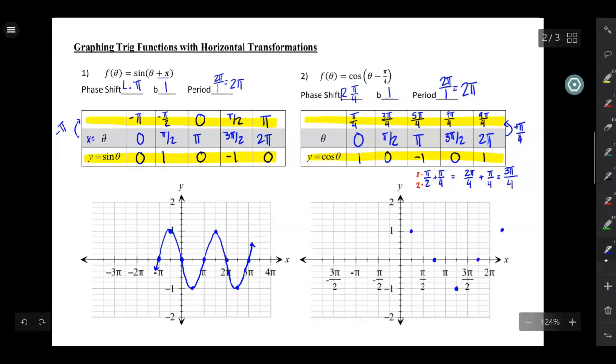Okay. So let's go ahead and connect those points. Okay, and that's what my cosine graph is going to look like. I'm going to go ahead and mimic the same thing on this other side so that we make sure we have at least 2 complete cycles.